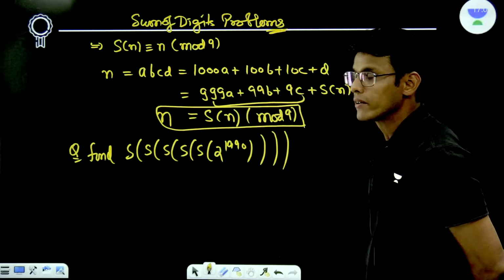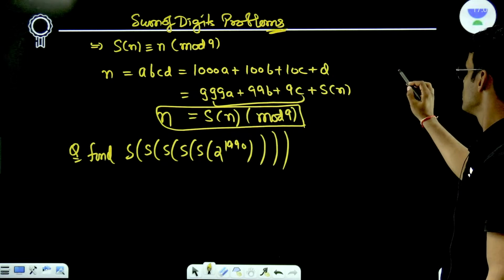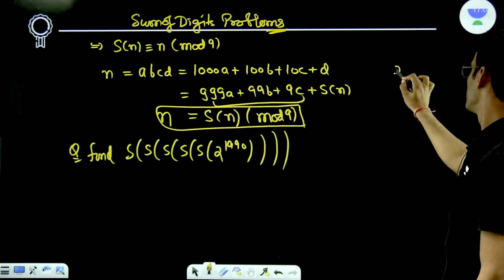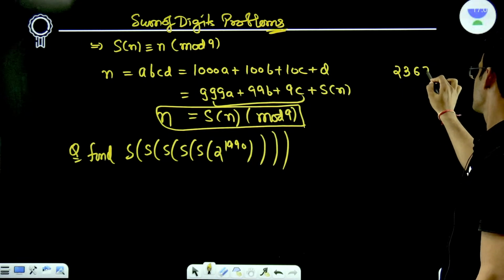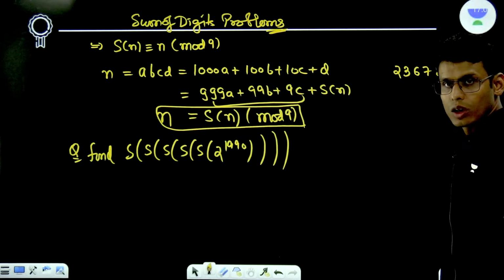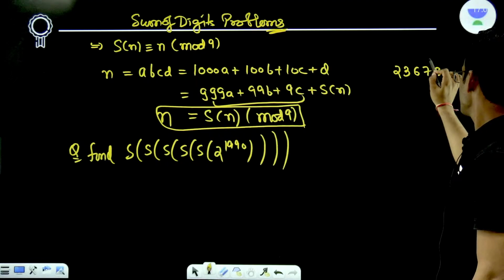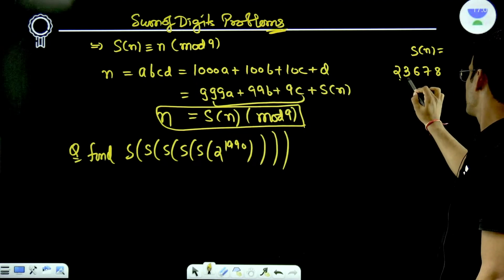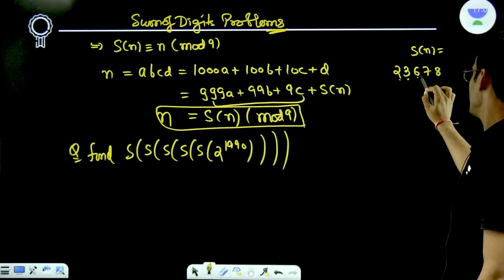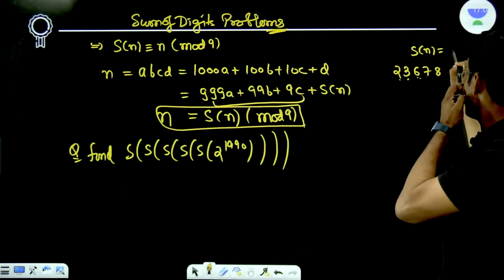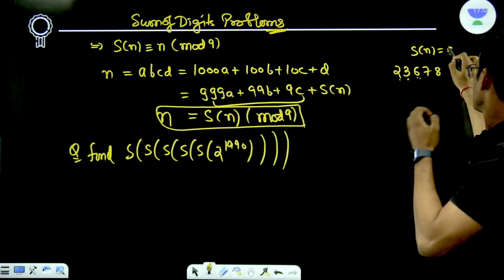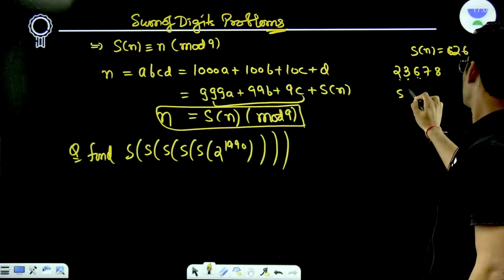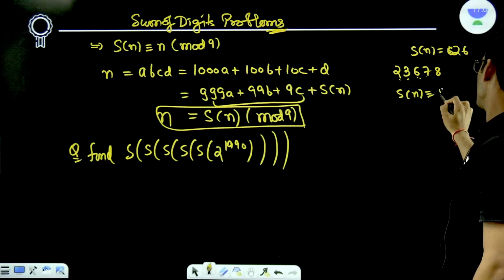Now, what is happening here? Let me write a big number for you: 2367. What is the sum of digits here? 2 plus 3 is 5, 5 plus 6 is 11, 11 plus 7 is 18. So, can you see S(n) is congruent to 8?